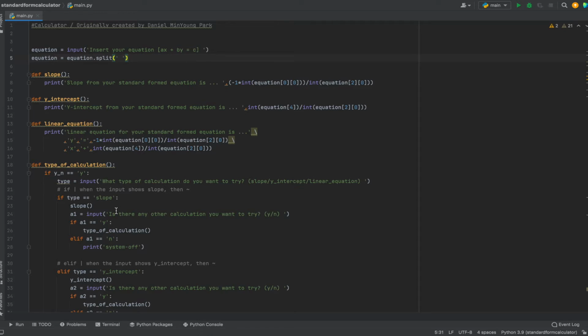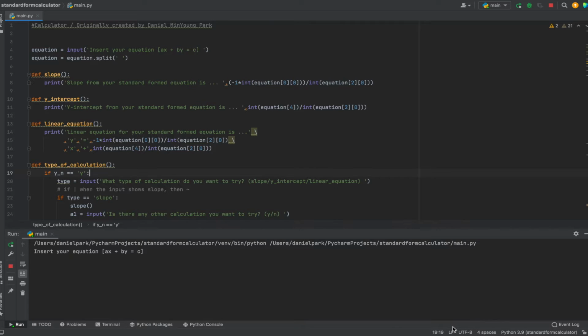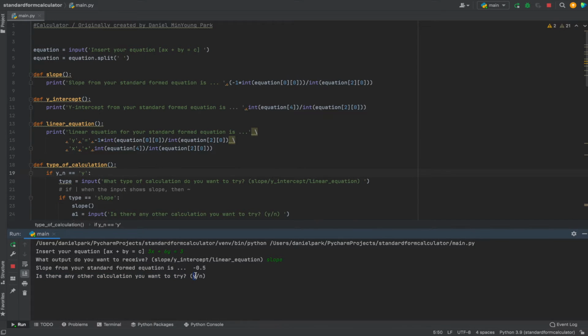And lastly, I'm defining type of calculation. So as I did previously, when we run the code and insert the simple calculation here, now it's asking, is there any other calculation you want to try, either yes or no. So this is saying, do you want to have another calculation based on the same equation that you inserted in your previous question, which is here?